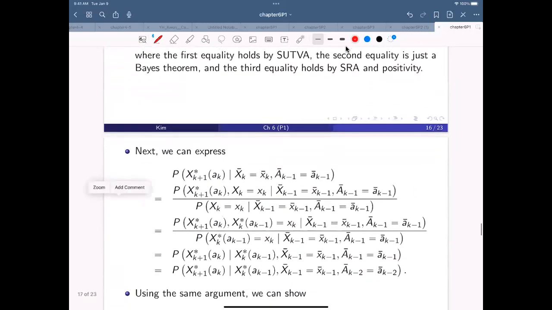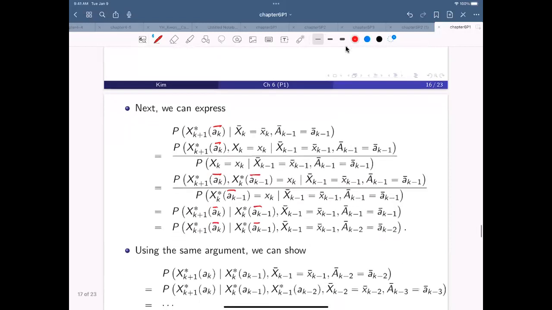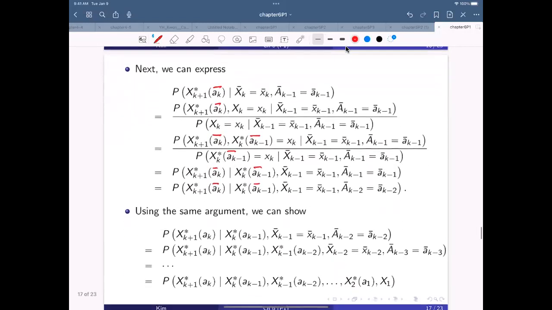And now we still do the same thing here, the same Bayes theorem. So basically we can do Bayes.